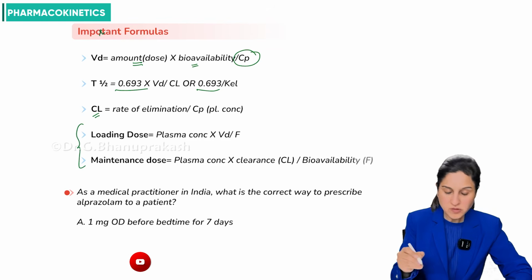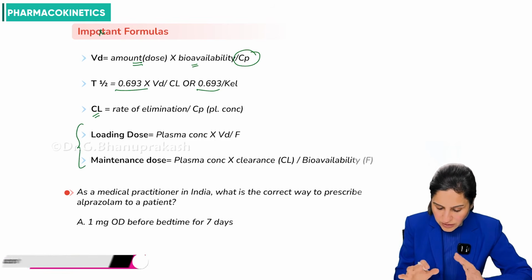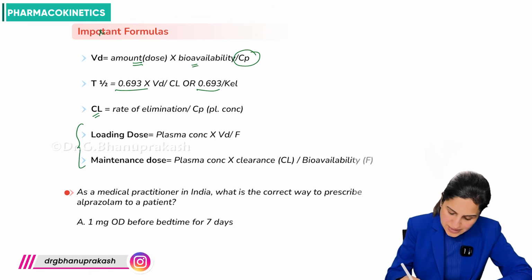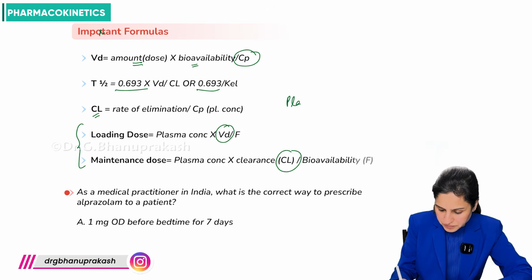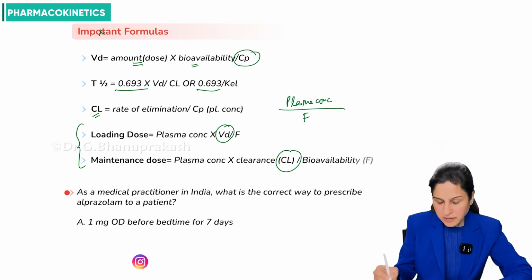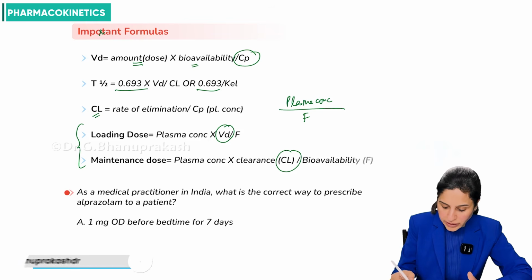Most important is the difference between these two, which is asked: loading dose versus maintenance dose. Everything is the same in the formula except for this and this. They both have plasma concentration in the numerator and bioavailability in the denominator. The only difference is if it's a loading dose, it is multiplied by volume of distribution.